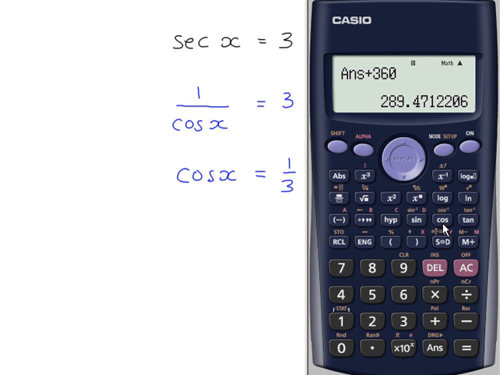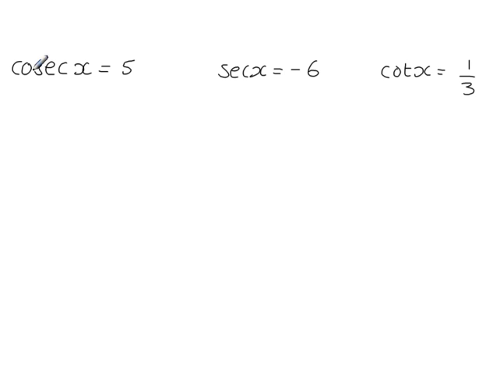Anything in terms of secant, change everything so you've got cosine, and change cot into tan. So for example, cosec, which is 1 over sine, so 1 over sine, that's equal to 5, and don't do anything to this. Now reciprocal both sides, so sine x is equal to a fifth, and then you can do inverse sine 1/5 on your calculator.